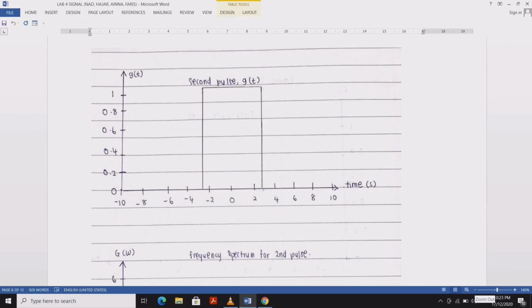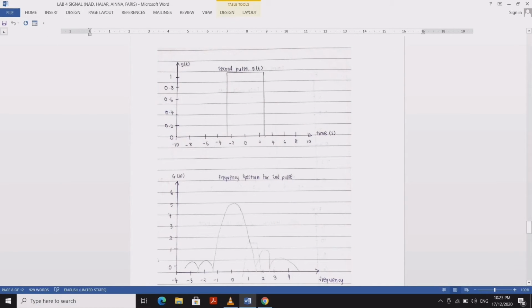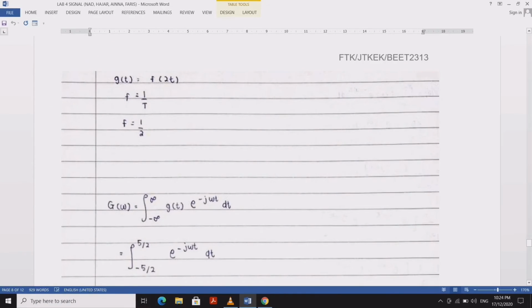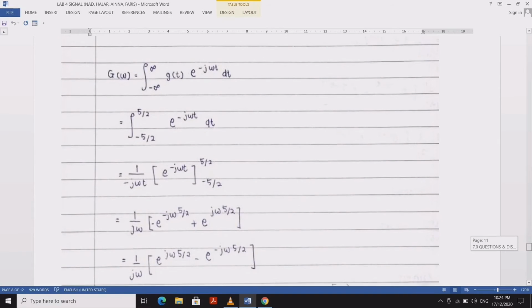Next, I will show about g(t). It will start with negative 2.5 to 2.5. Given that g(t) is f(2t), we solve the equation and get the amplitude equal to 1 over 2. To find G omega, we use 2.5 from our graph. 2.5 is equal to 5 over 2. We insert the 5 over 2 into the Fourier transform formula, simplify, and solve the equation step by step.